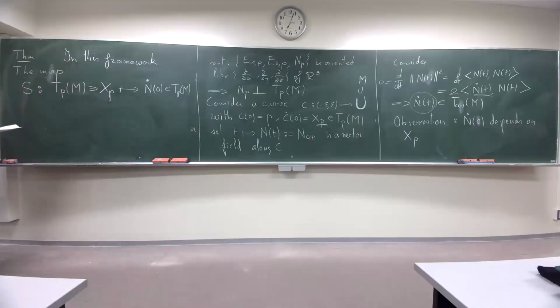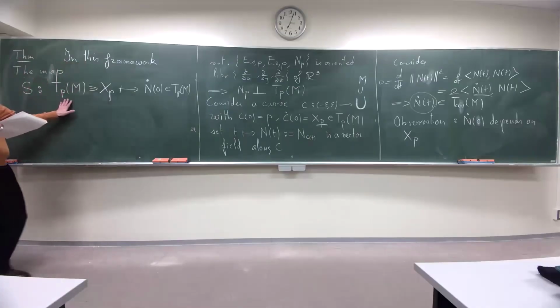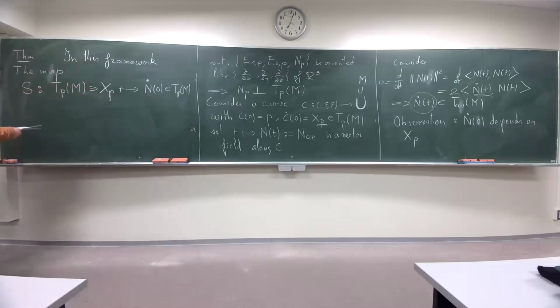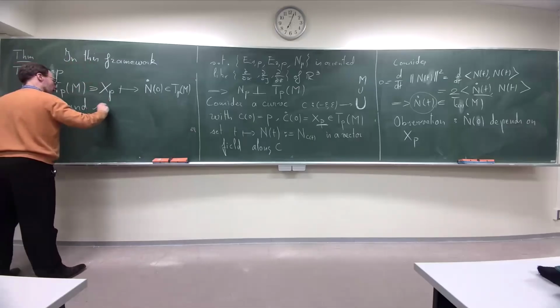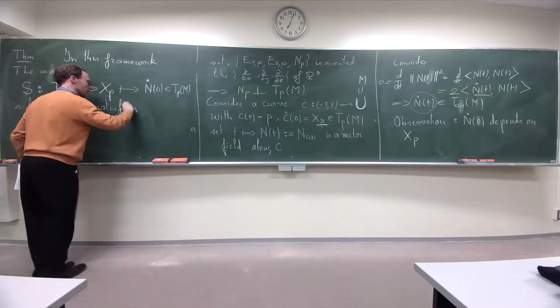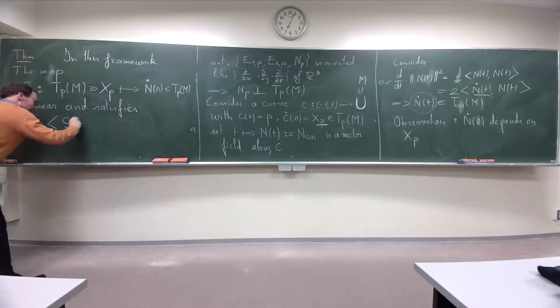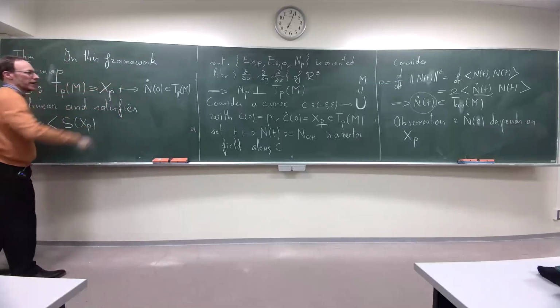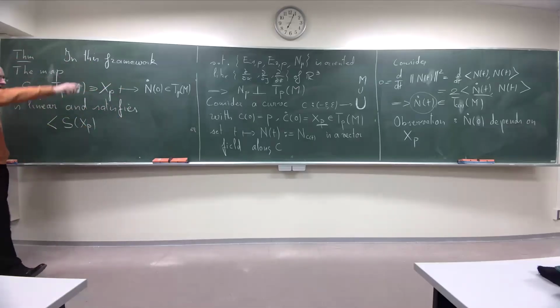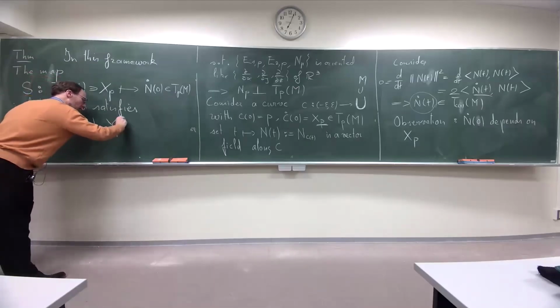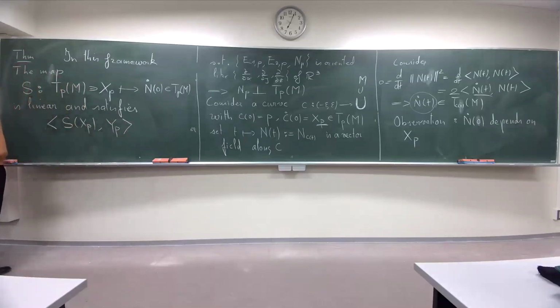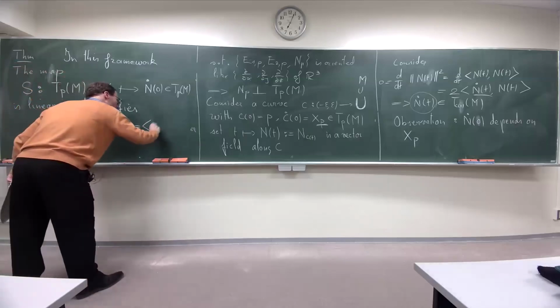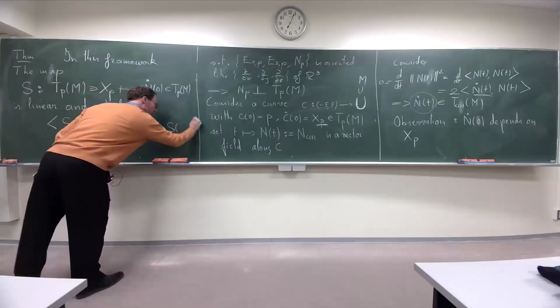Be careful about the construction, but still it's a map from Tp of M to Tp of M. And it turns out that the map is linear and satisfies something which is not completely trivial. You need to work a little bit, but let me tell you. S of xp, so S, choose the xp, it gives you another element of this tangent space. Take a vector yp which is also in this tangent space, and this is equal to xp dot S of yp.